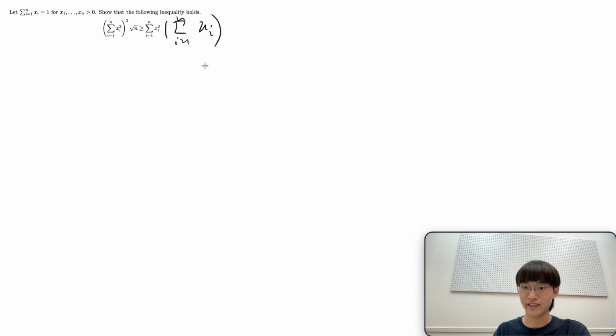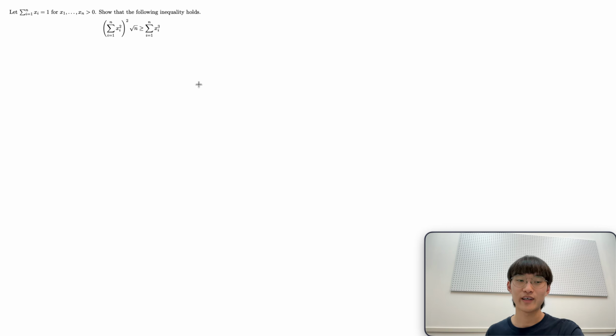The reason why I did this is because when we actually expand the left hand side and right hand side, we will get x_i to the power of 4, and I thought it would nicely cancel out and solve this problem, but that wasn't the case because we have the square root of n here, and when we actually try to expand our expressions, our terms get very messy. So I quickly had to give up on this approach.